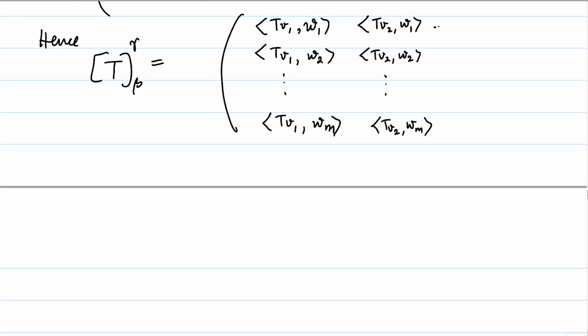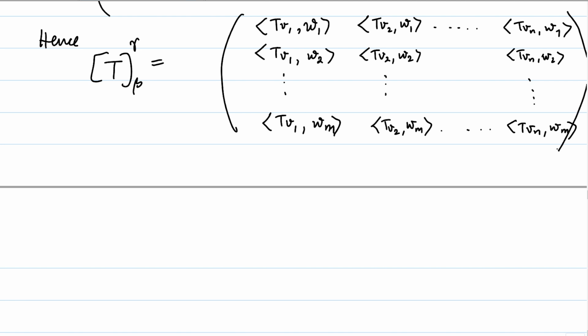And let's go to the final column. The final column will be Tvn with w1, Tvn with w2, up to Tvn with wm. So this is our m cross n matrix of T with respect to beta and gamma. So what is the ijth entry? Let's explicitly write down what the ijth entry is.